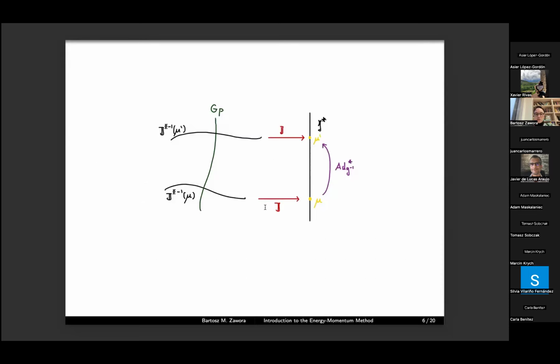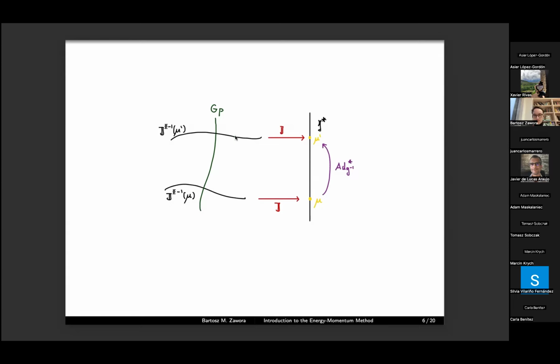On the picture, just to help illustrate the concept of Ad-equivariant symplectic momentum maps, we have two level sets of the momentum map. We have an orbit of the Lie group action that connects these two level sets.